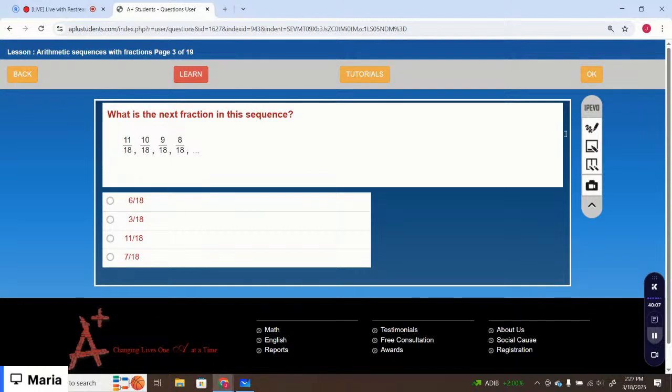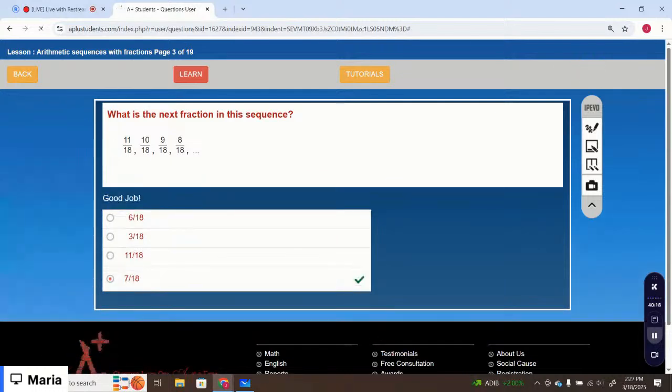The numerator is decreasing by 1. So the next one would be 7 over 18, 11, 10, 9, 8. So the next one would be 7 over 18. The last option is the correct option.